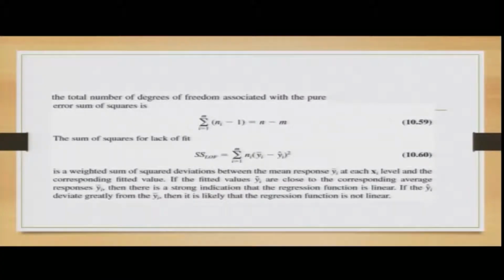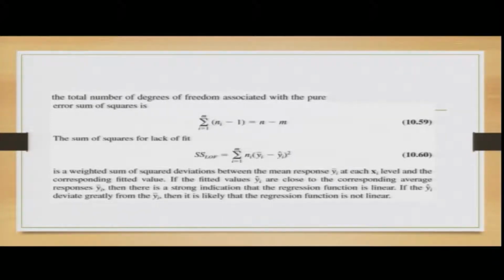Based on that you can find out the errors, and once the errors are found out, you can find out that the sum of the squares has some lack of fit and some errors due to pure error. As I mentioned, finding out betas would have an error, finding out y would have an error, we can find it out accordingly.